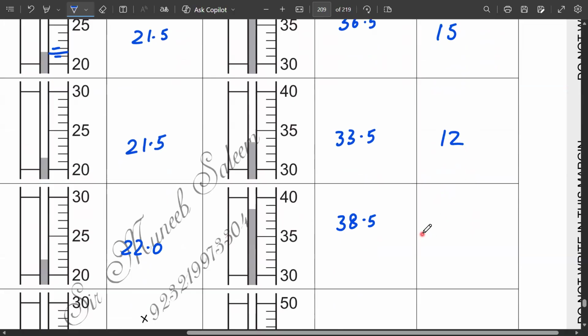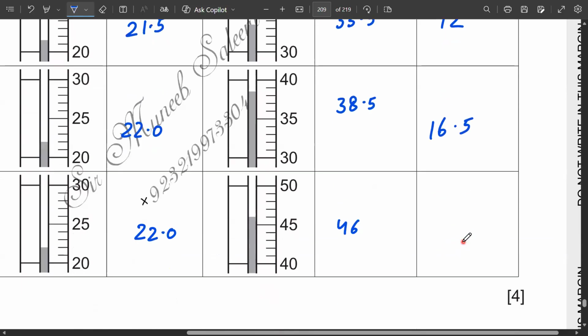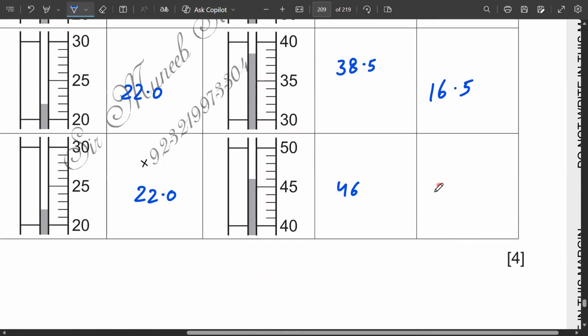Next is 38.5 minus 22, 16.5. And this one is 44 minus 20, 24. Okay, so these are the values.